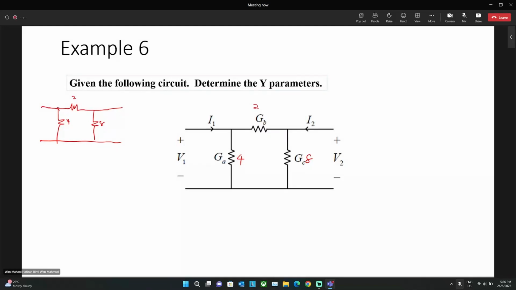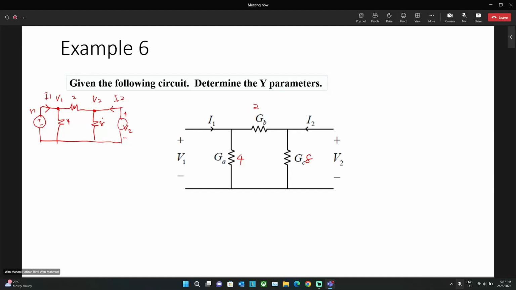Sama je. First kali kita akan label node lah. Sini V1, ini voltage lah V1. Ataupun dia tak nak letak pun tak apa. Sebab kita tahu sini memang V1 and sini V2. So here will be also V2, right? And then here is I1, here is I2. Okay, so label ni up to you.